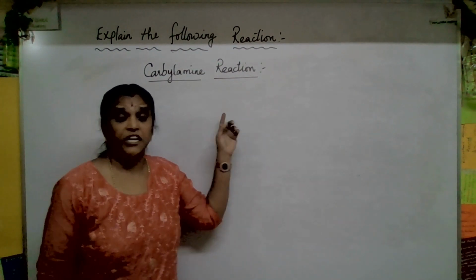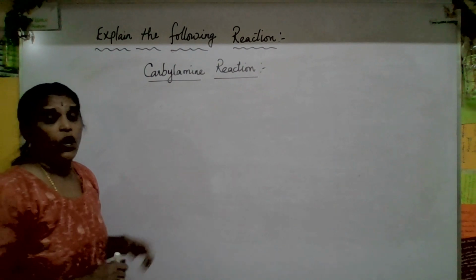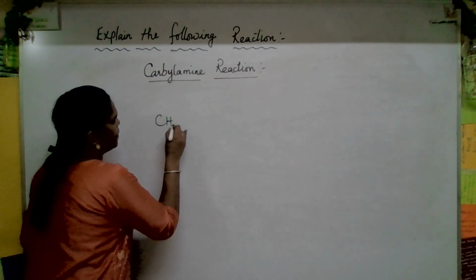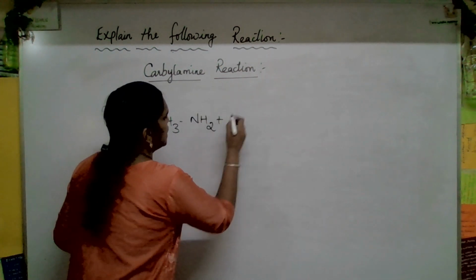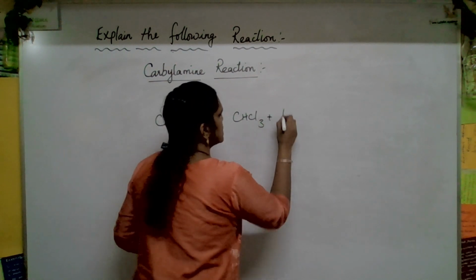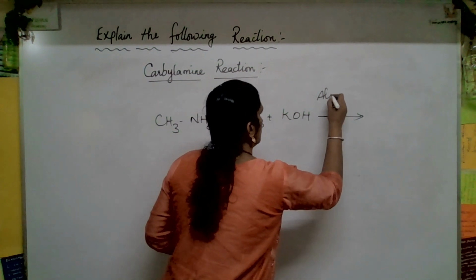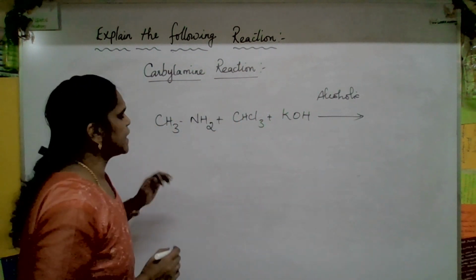Okay, the next question, carbylamine test or carbylamine reaction. In this, what ingredients are required? Methylamine CH3NH2 combined with chloroform CHCl3 plus alcoholic KOH. So what happened?